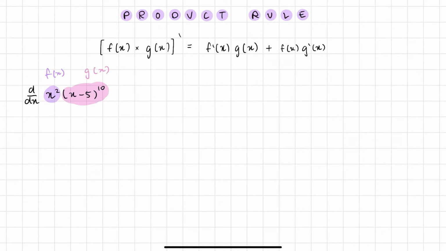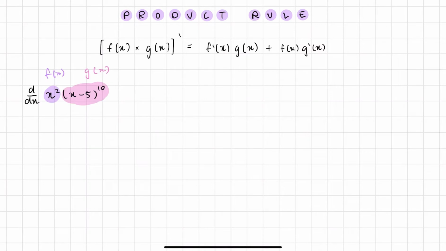Those are your two functions. By the way, it wouldn't really matter which one you label f(x) and g(x) in the product rule. Even if I had these swapped the other way around, we're going to do both of them anyway since it's a plus, so it doesn't matter which way you do it.